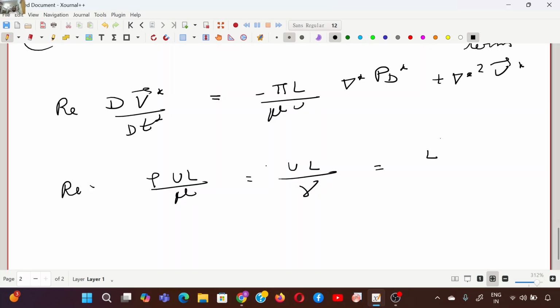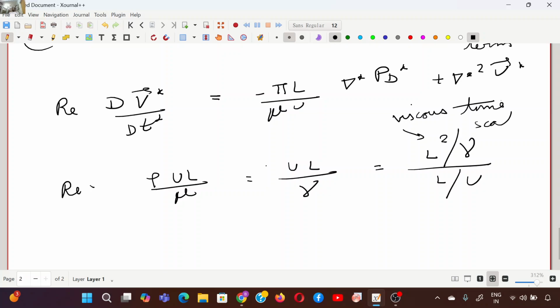This you can represent as L square by kinematic viscosity, divided by L by u. Okay, so this is the viscous time scale, units is time. And this is the convective time scale, just L by u.